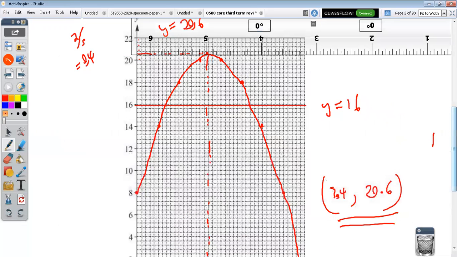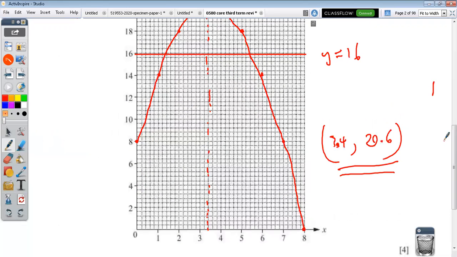So I've got 2 points of intersection. I have this point here, so we can all agree. This point here, can you see this? This one here. I might have missed it slightly.